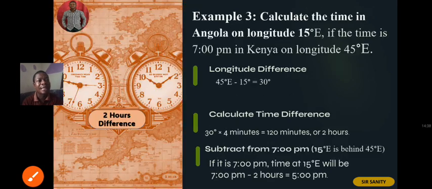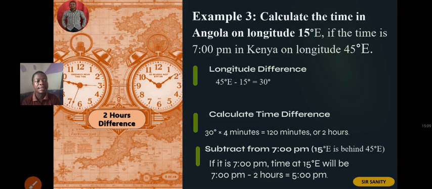Now the third example. Calculate the time in Angola on longitude 15 degrees east if the time is 7 o'clock p.m. in Kenya on longitude 45 degrees. This one, you see that they are on the same side.